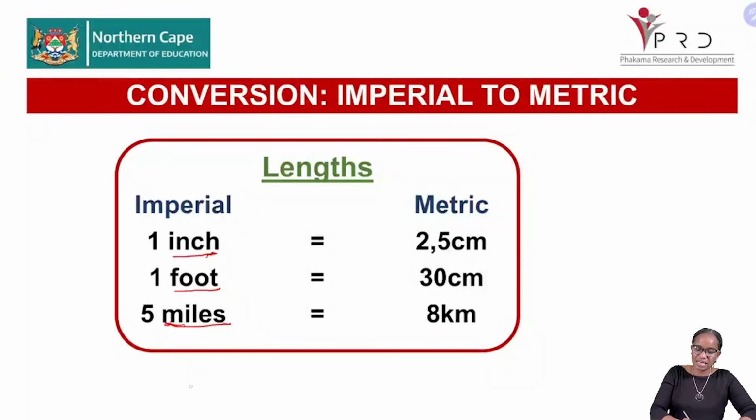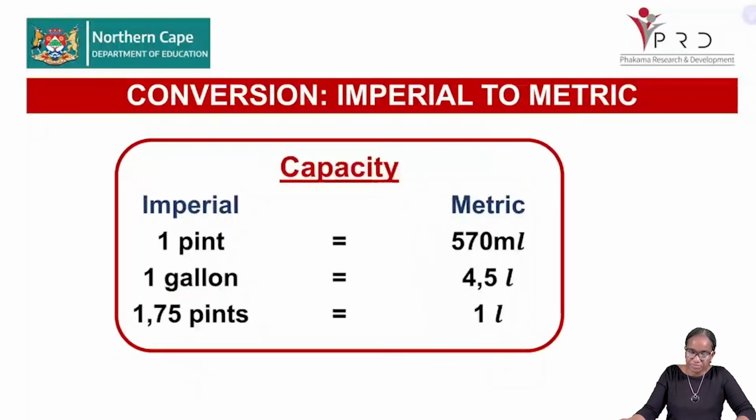So 1 inch equals 2.5 centimeters. 1 foot equals 30 centimeters. 5 miles equals 8 kilometers. That is how these are equated, the imperial equated to the metric.